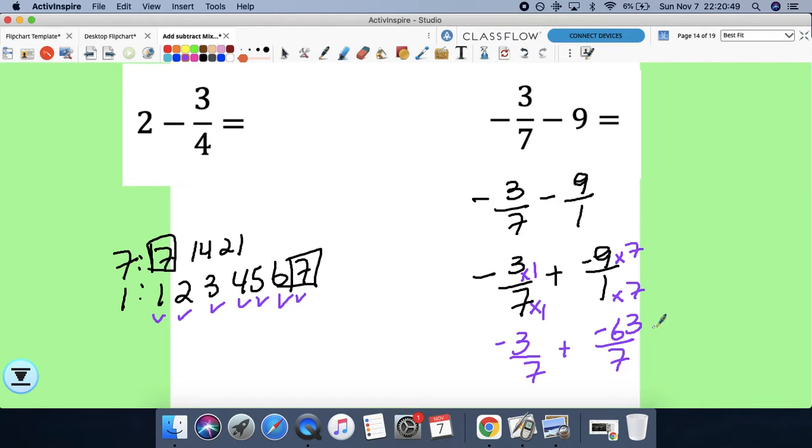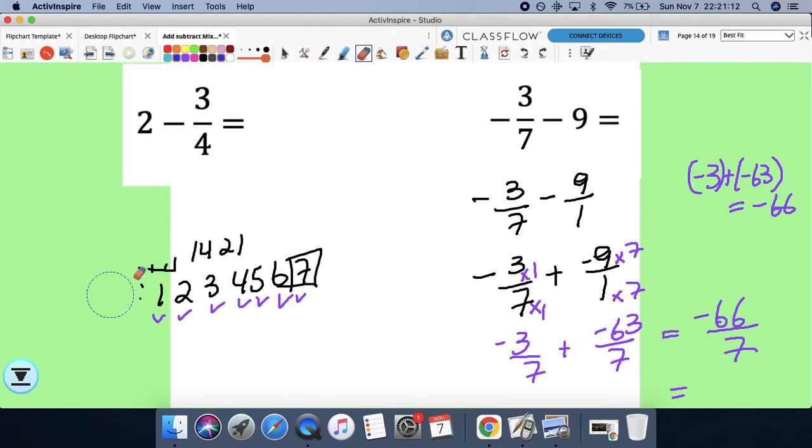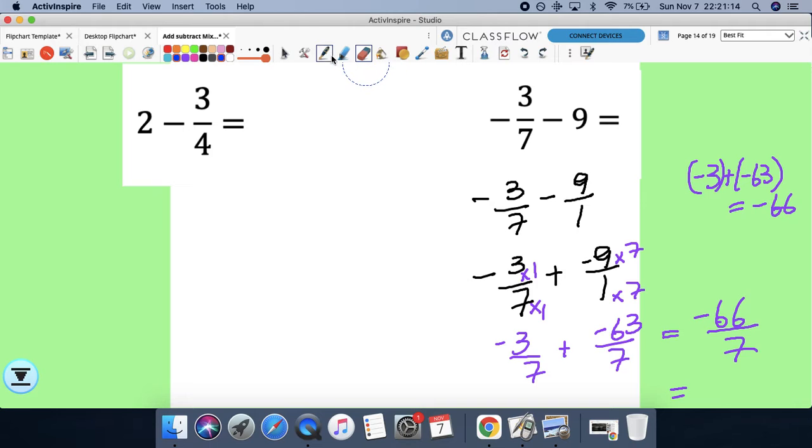Now we can add. The bottom is 7, and on the top is negative 3 plus negative 63. Are they friends? Yeah. So we get negative 66. So we can divide negative 66 divided by 7, and I'm going to just do that over here. 7 goes into 6?